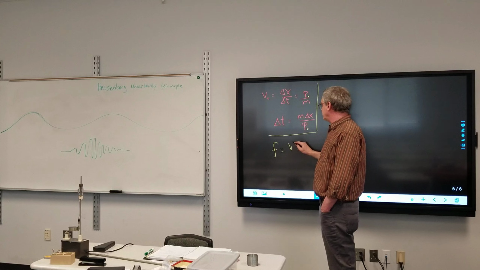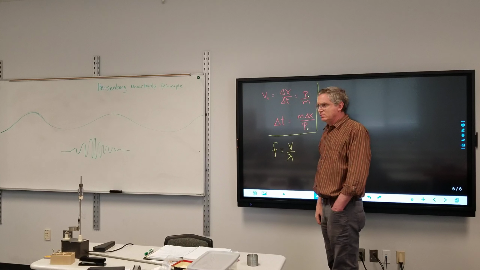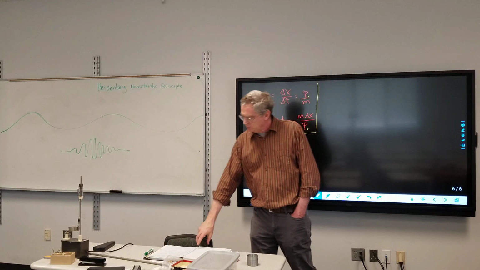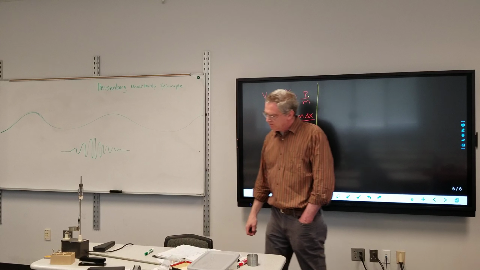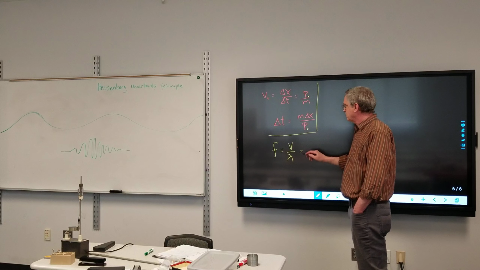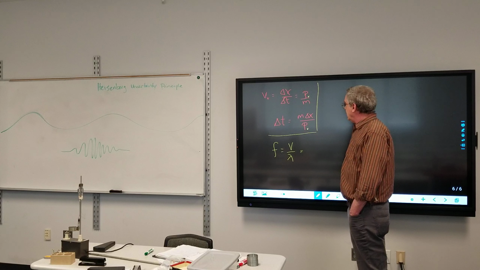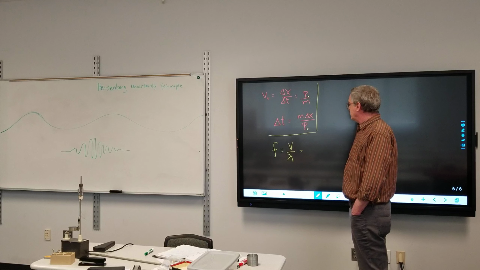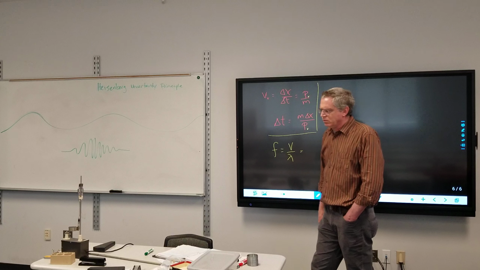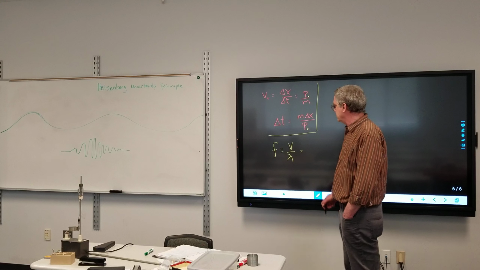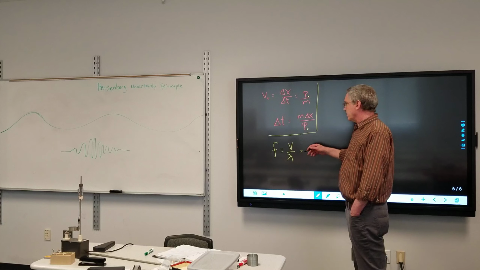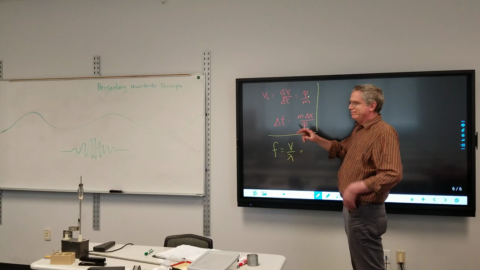Frequency, I know, is speed over wavelength. And wavelength is, yeah, v. Wanted to throw a c in there, but we're not talking about light. We're talking about particles, or traditional particles.